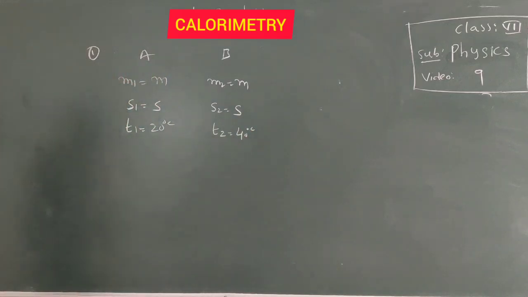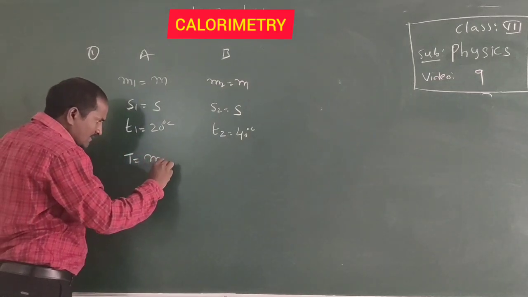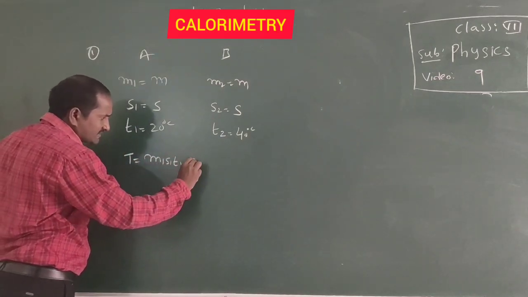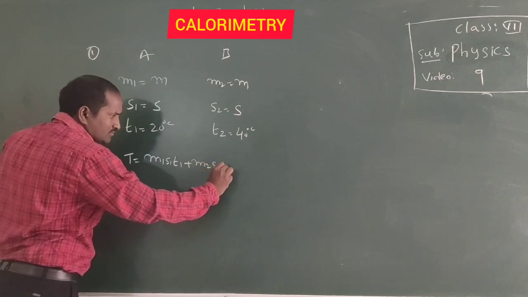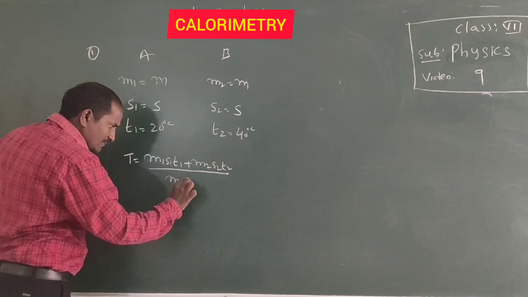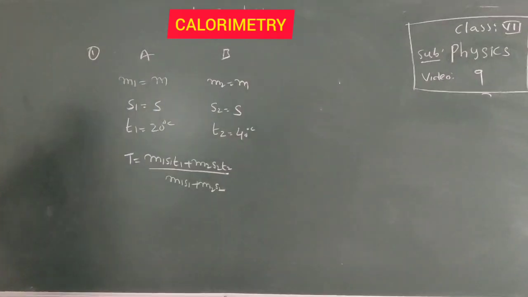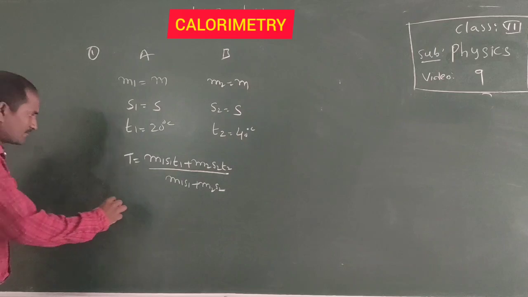These two are mixed together, then find the resultant temperature. So here T equal to (M1 S1 T1 plus M2 S2 T2) by (M1 S1 plus M2 S2). It is the resultant temperature of the mixture. If A and B are mixed, then find T.